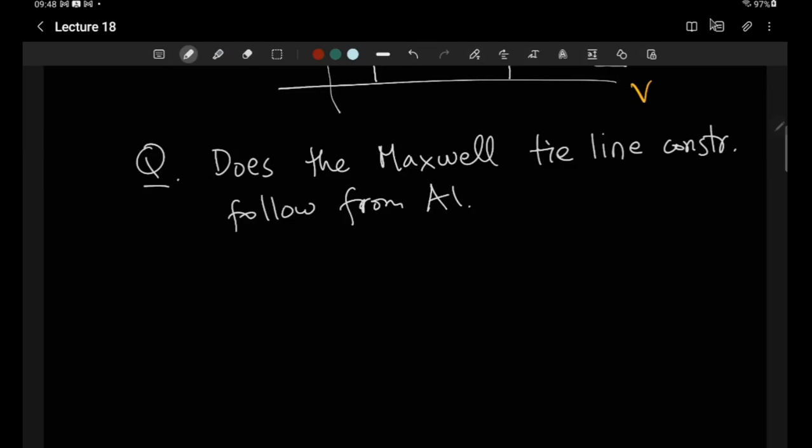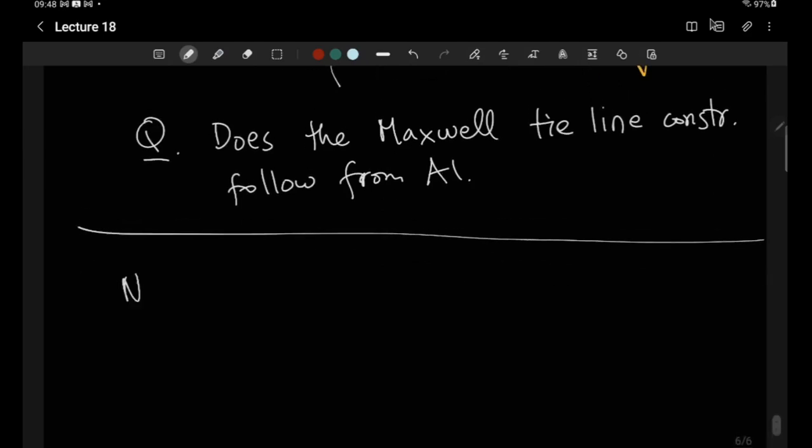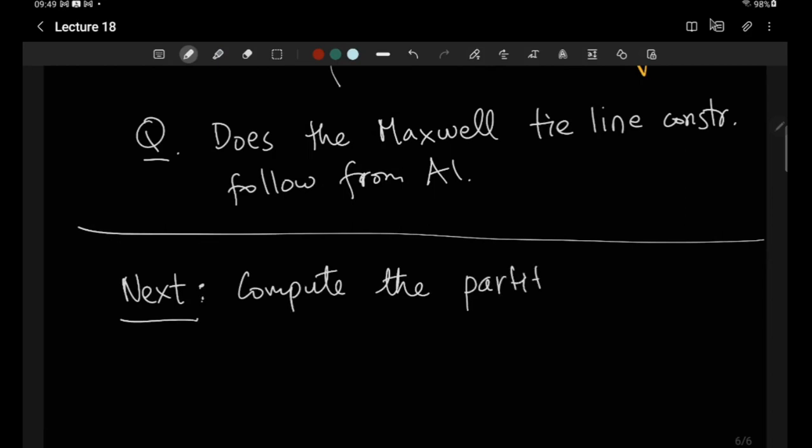So what we're going to do next is to compute the partition function for a real gas. That means we put in the interparticle potential.